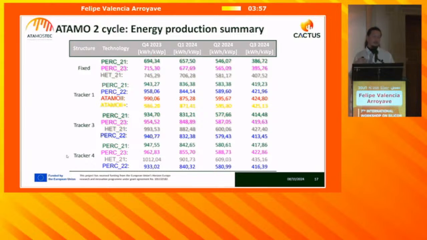Now we have just PERC technologies as a reference, and all of them are commercial products. And also, if we compare the different heterojunction among them, you can see that they behave pretty much the same. There is just a slight difference between the amount of energy that they are producing.